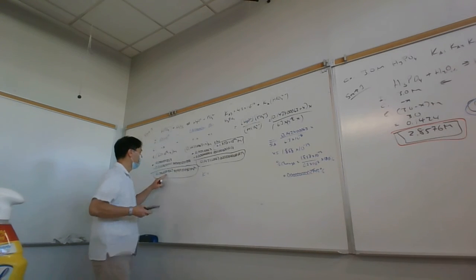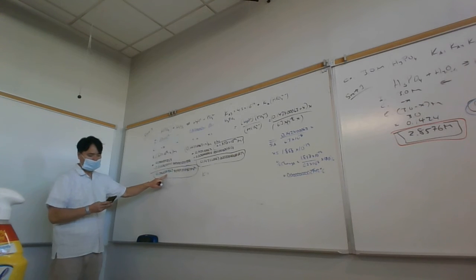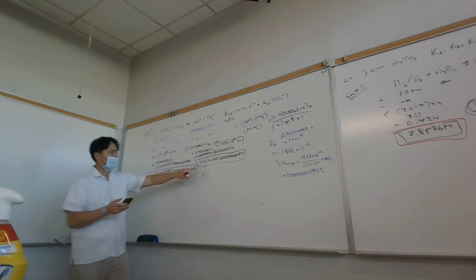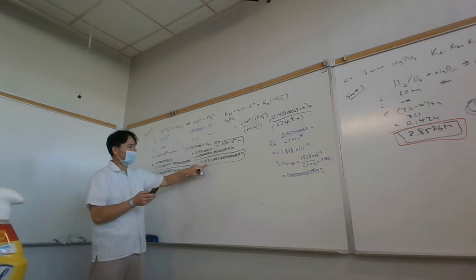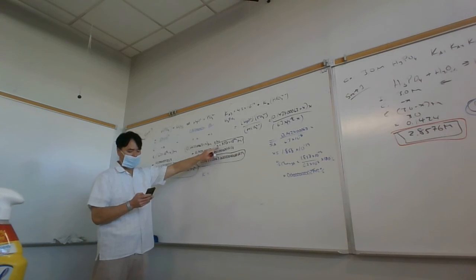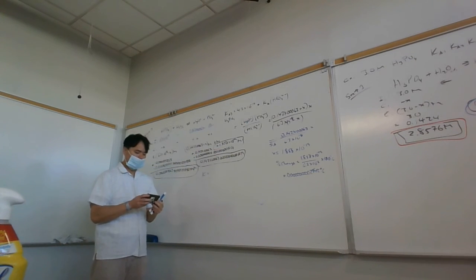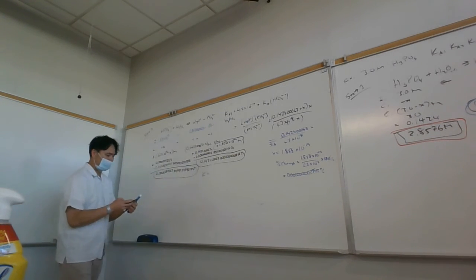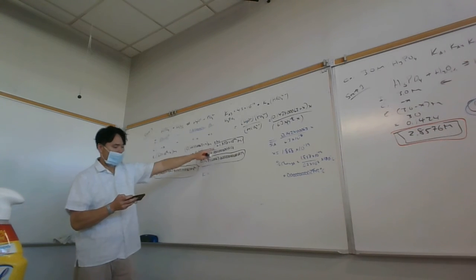Anyway, my calculator can't carry that many, so I'm not going to bother. I'm just going to do this. In fact, I'm going overkill with the digits here. And so times 1.858 times 10 to the negative 19. I think modern calculators carry 10 digits, which is pretty good.